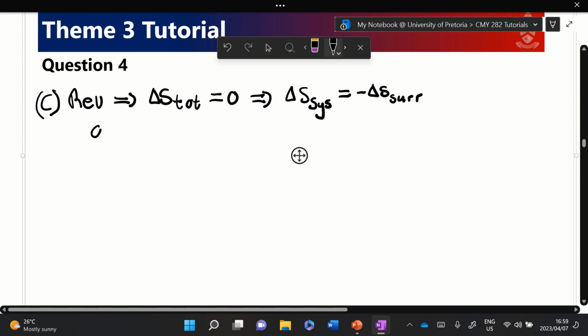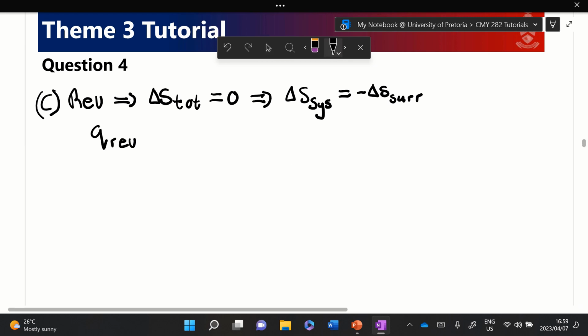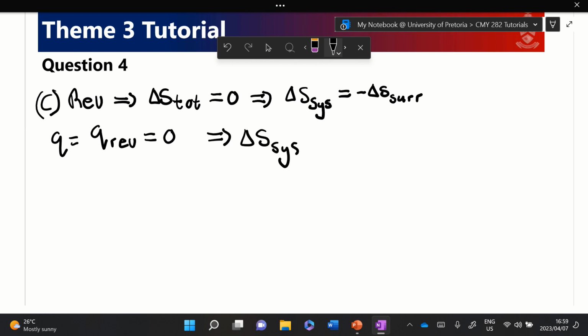Adiabatic means that our reversible heat and the heat of our system is 0. And now the entropy of our system, which is defined in principle, or by definition, as the reversible heat divided by the temperature will then be 0, right?